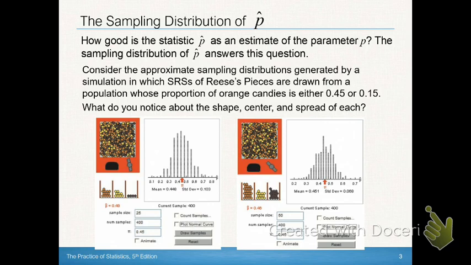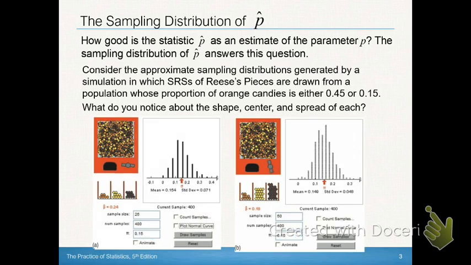Both of these end up having a mean close to our p-hat value, but the standard deviations are a little different. The standard deviation for the larger sample size is smaller, and that's consistent with what we've seen in some of our previous sections of notes.